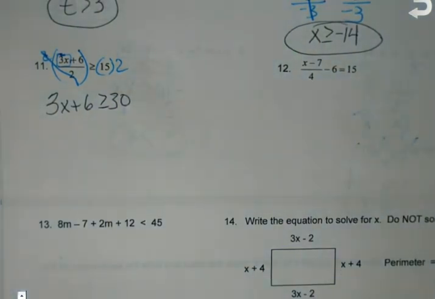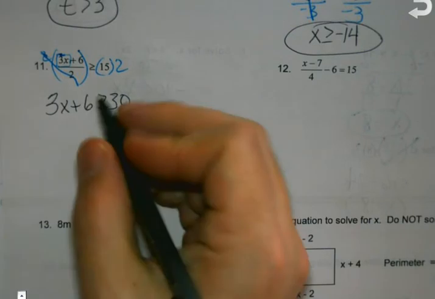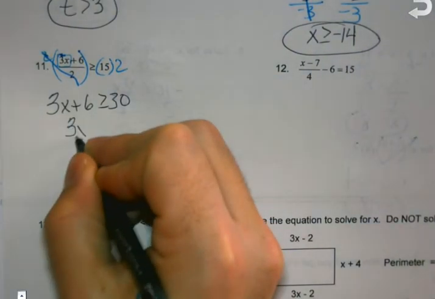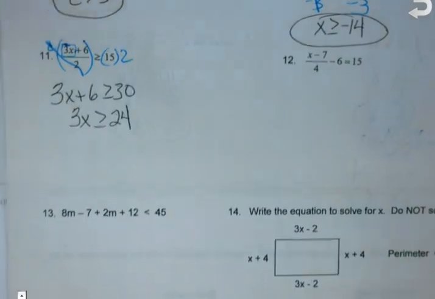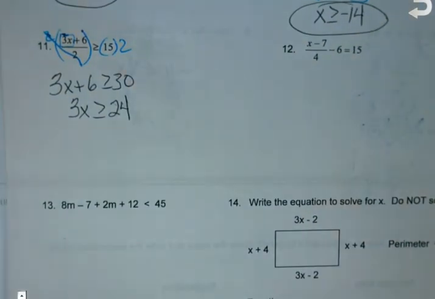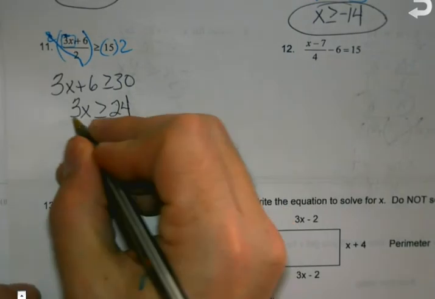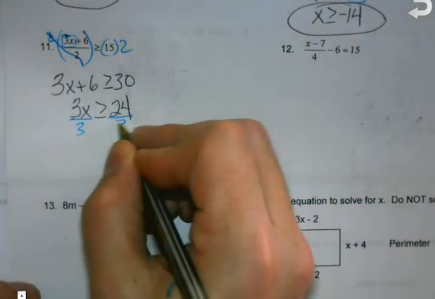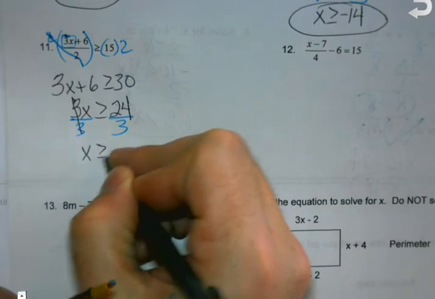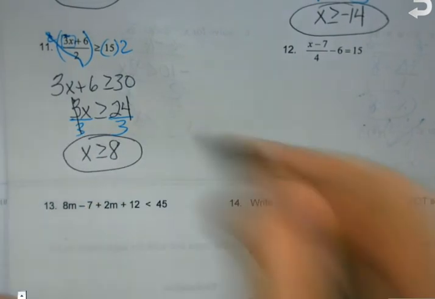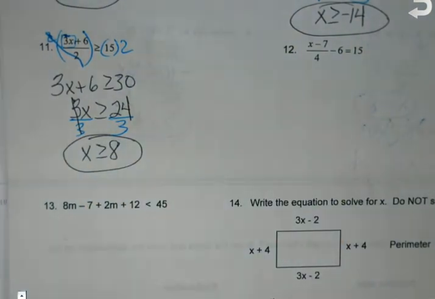Subtract the 6. And what's your last step going to be? Divide by 3. Whenever we're doing an inequality or an equation, it's all about doing opposites all the way through.